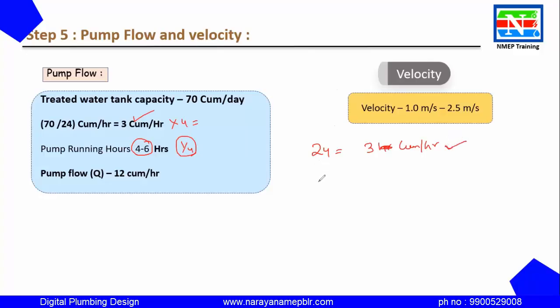If I run the pump for 6 hours, you would divide by 4 - no, that is wrong, it should be multiplied, so 12. For example, if you're running 24 hours, your pump flow should be 3 cubic meter per hour, which is less. If I want to deliver the same thing in 6 hours, my pump flow should be more.